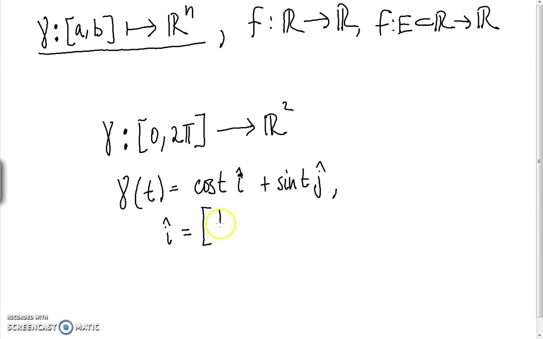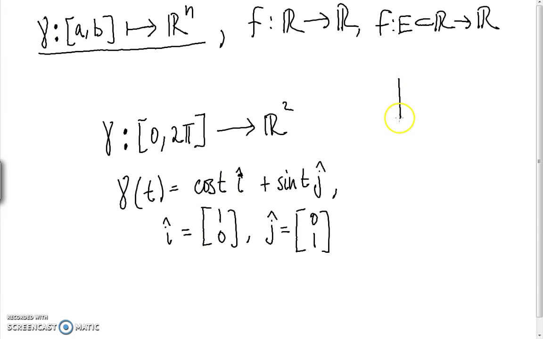So that's 1 on the x-axis and 0 on the y-axis, and j is a unit vector that is due north. So that's 1 on the y-axis, 0 on the x-axis, and you can also call these the standard basis of R2. So what does this function do?